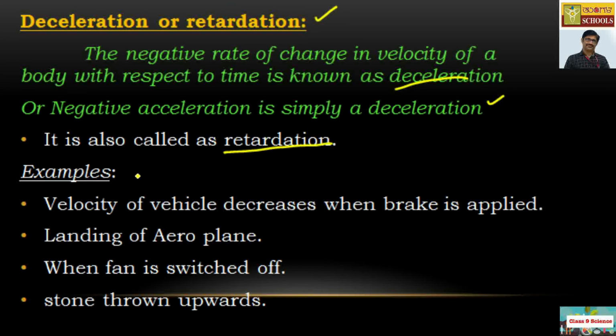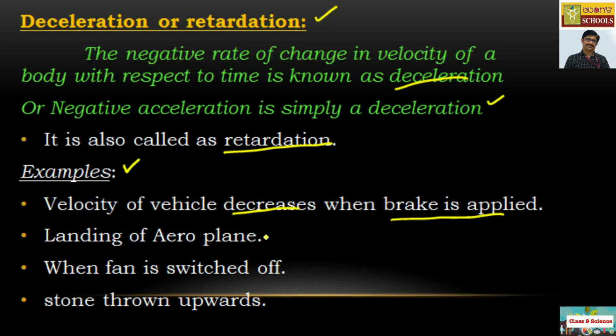Let us take some examples for deceleration or retardation. When the brake is applied, the velocity of the vehicle decreases. So that is nothing but deceleration of the vehicle. Similarly, landing of an aeroplane.